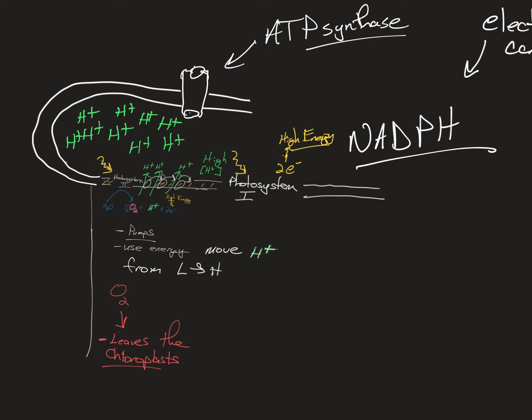That's right. Now you've got this hydrogen ion concentration. There's a lot of it. What are these hydrogen ions going to do? They're going to go right through, from high to low. No problem. As they flow through, they turn, and what happens is that ADP turns into ATP.